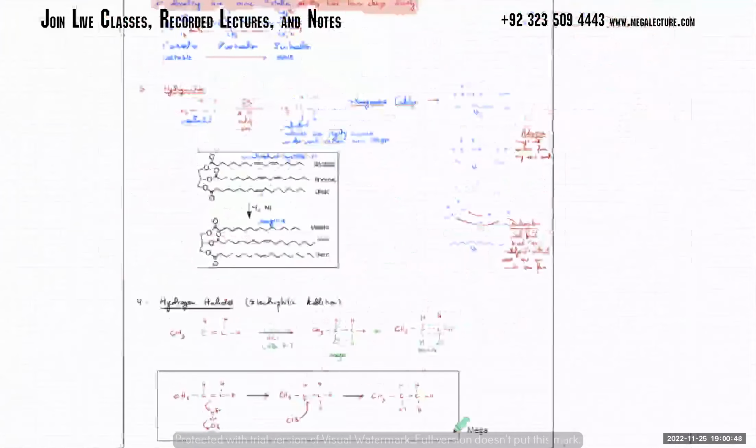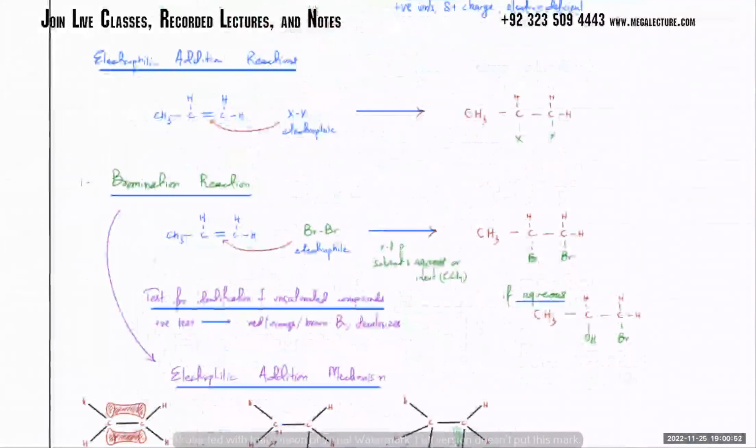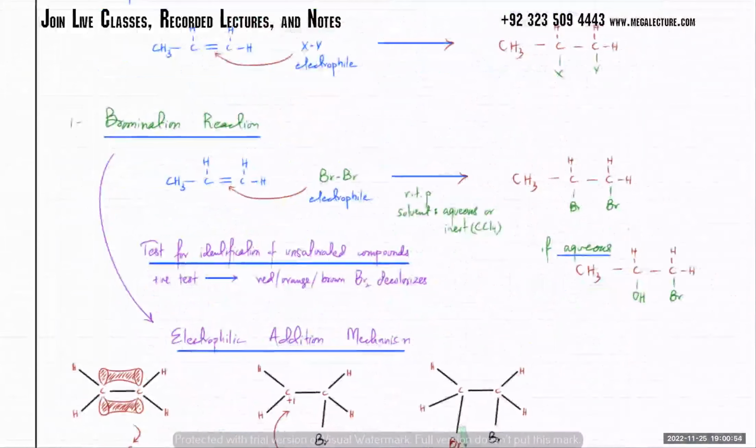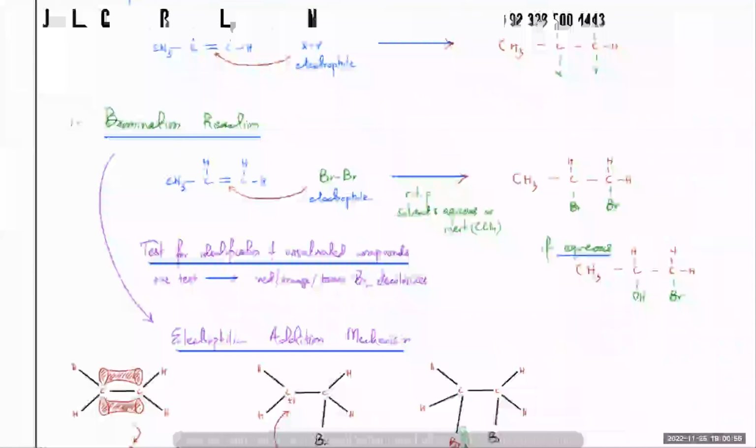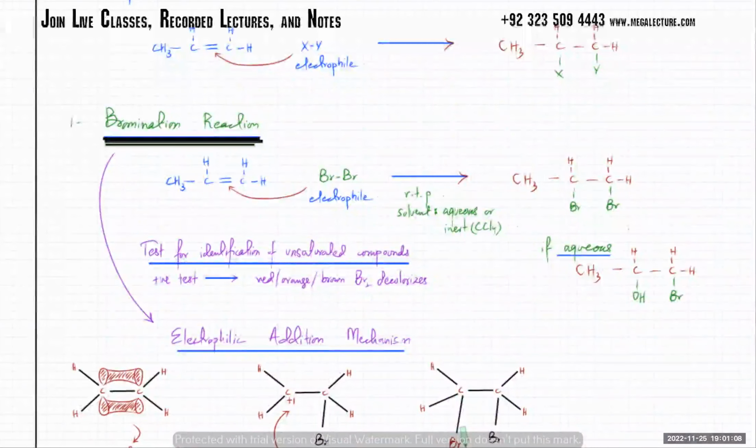So electrophilic addition, we're done with it. We did Markovnikov's rule, and it started with bromination. Let me underline all of these.